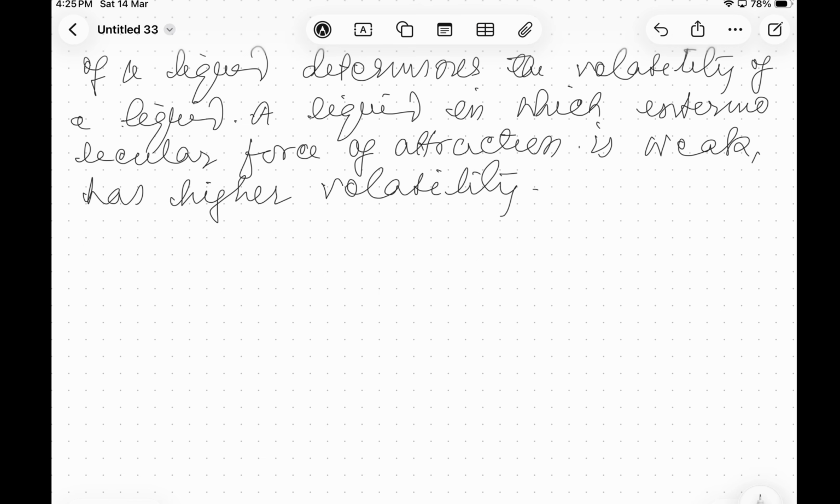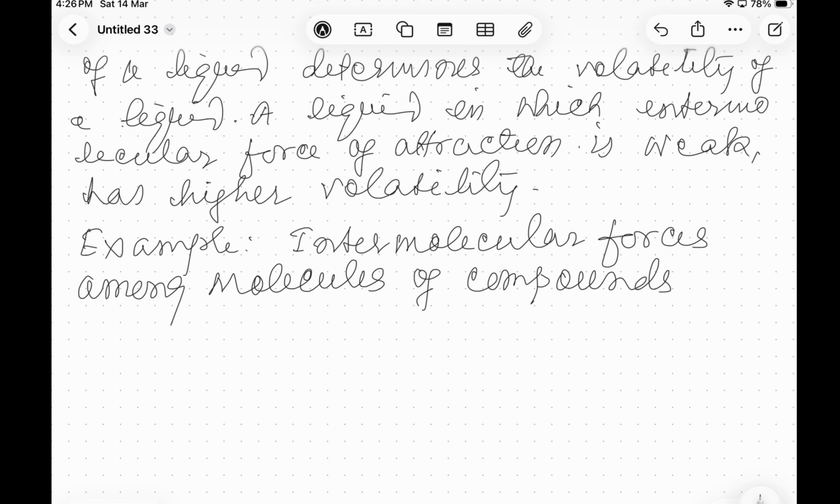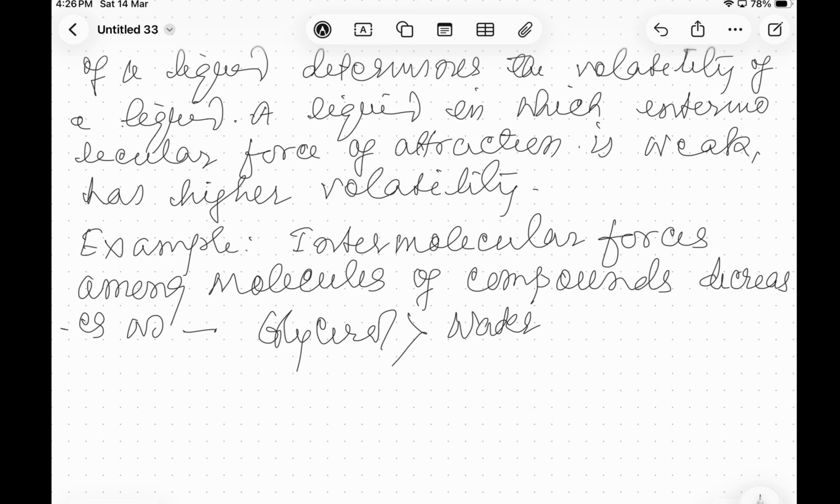Let us take an example. Intermolecular forces among molecules of compounds decrease as the intermolecular force is strongest in glycerol, and then it is weaker from glycerol to water, and still weaker in case of ether.